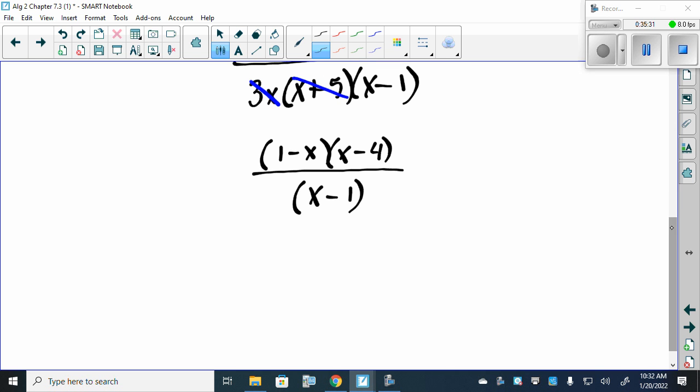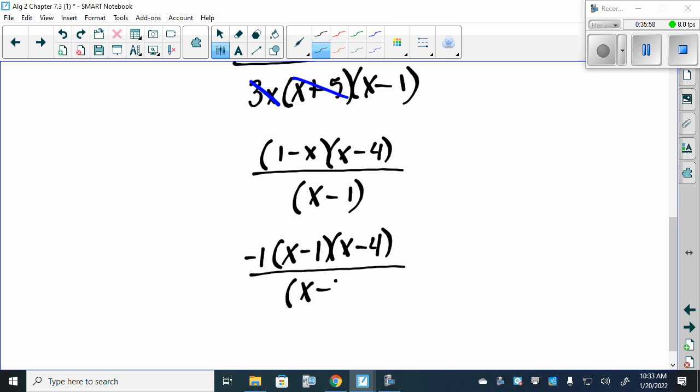What that means we can do is that I can actually factor out a negative 1. Because if I factor a negative 1 out of 1 minus x, the negative x is going to become what? Positive, because I factored the negative away. The positive 1 is going to become negative, flipping the signs.